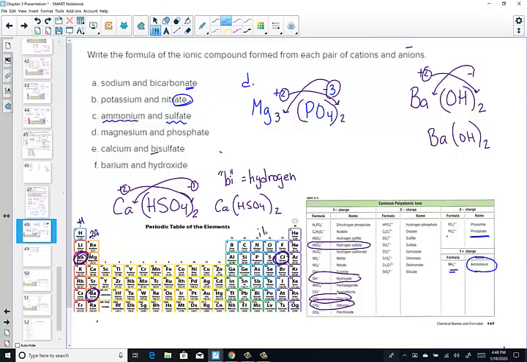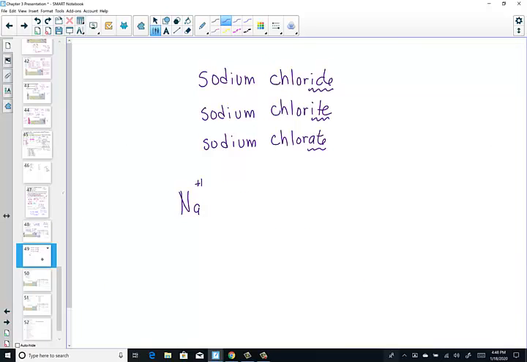But remember, from the periodic table, we hear ide, fluoride, chloride, bromide, iodide. Ide says go to the periodic table and find the negative element. Ite and ate, those endings tell us go to the polyatomic ion chart. So NaCl, sodium chloride.